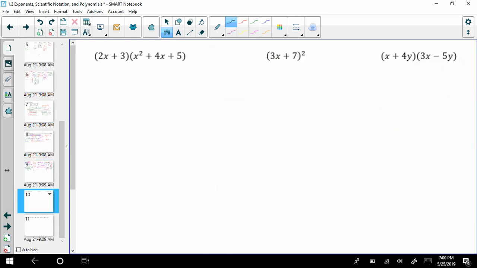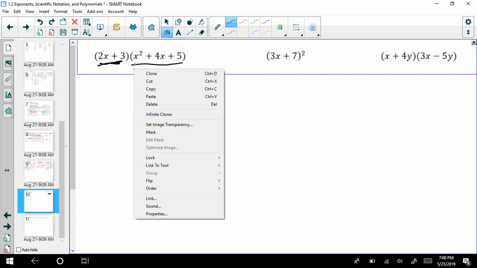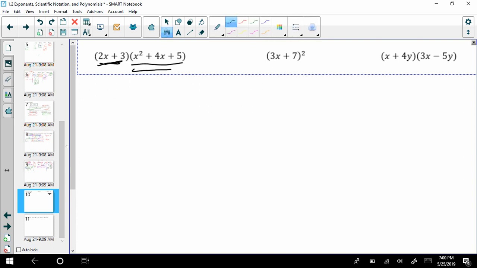Almost there. Now the next one, I cannot FOIL because this has 2 terms. But the back one has 3 terms. So probably the easiest way to do this is we're just going to manually distribute. So I'm going to take my 2x and I'm going to distribute it in to all 3.